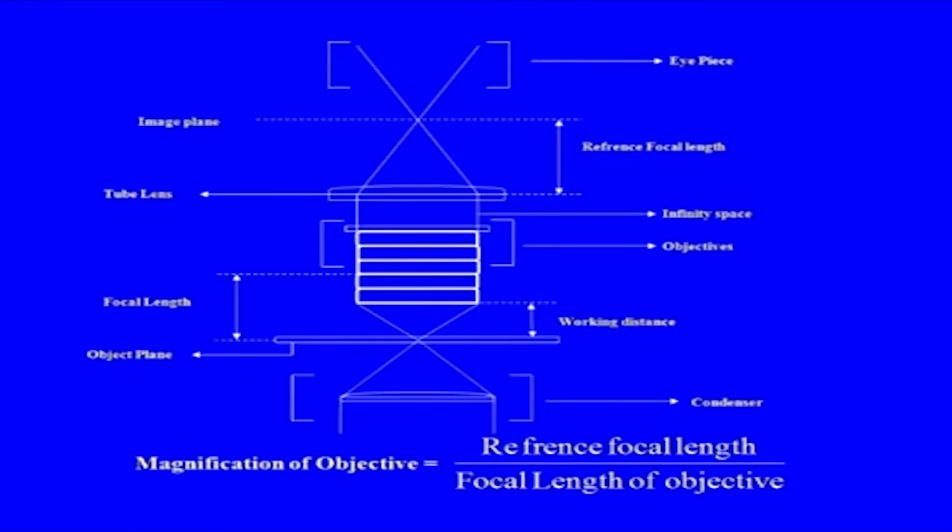It is not focused actually, rather it is directed by the objective at infinity. Here the objective is not really focusing the light, rather the tube lens is focusing. When it is directed to infinity, it falls onto the tube lens, and finally the tube lens focuses the light onto the intermediate image plane.